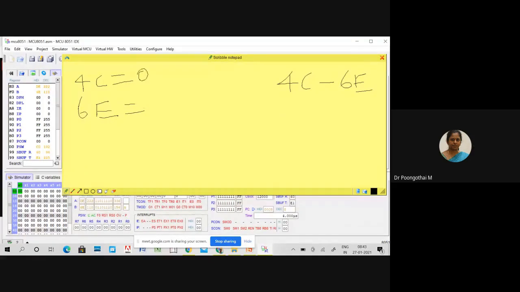So 4C is 0, 1, 0, 0, 1, 1, 0, 0. And next for 6E, 0, 1, 1, 0, 1, 1, 1, 0. So for 6E, you have to take 2's complement. First you take 1's complement for 6E. So what is the 1's complement? Please tell me.